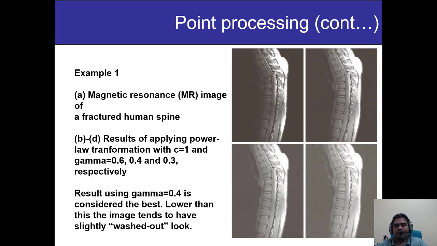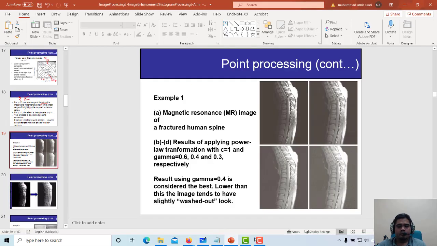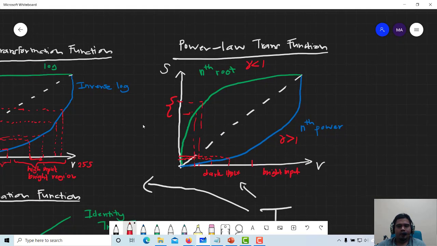Okay, so back to our discussion in here, our whiteboard. If you talk about power law, if you want to see information that belongs to a very dark region, you must stretch the dynamic range.